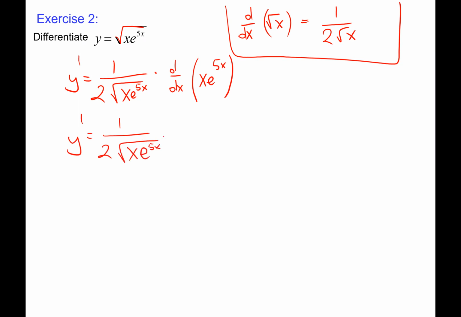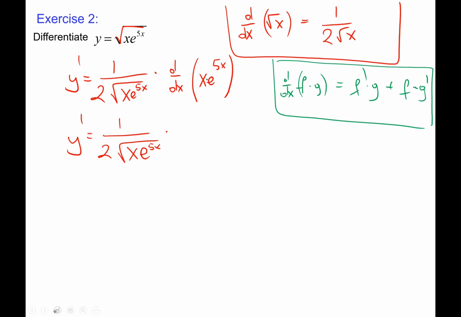Now for the derivative of the inner function, we see that we have a product. If we have a product of two functions, f times g, the derivative of the product is f prime g plus f g prime. We do remember this from calculus 1. So now we will use that.